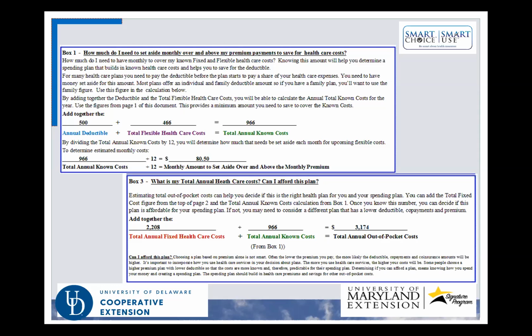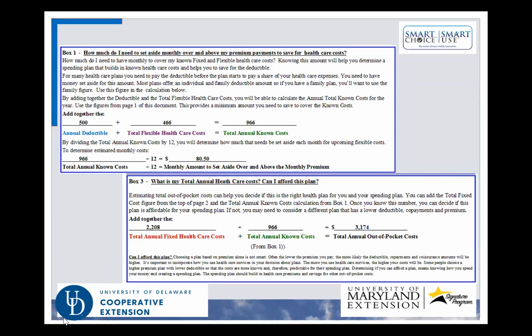When the premium is low, the deductible will be higher, and so will those co-payments and co-insurance rates. On the flip side, if you choose a plan that has a higher premium, the deductible can be lower, and those co-payments and co-insurance rates are also lower. So it's sort of like a balanced teeter-totter type of visual.